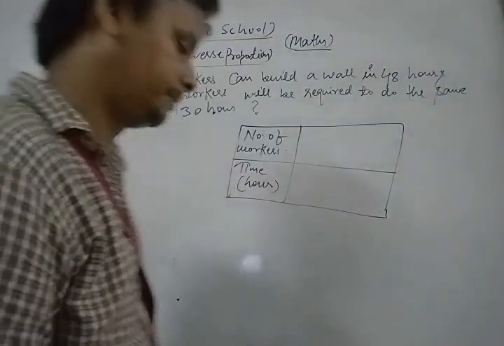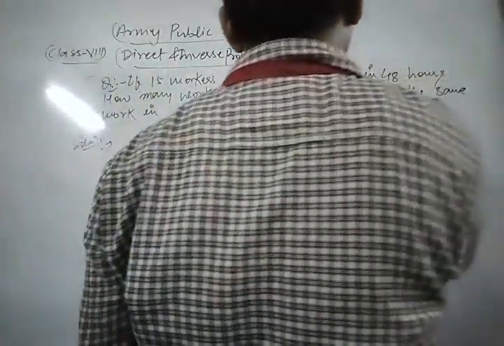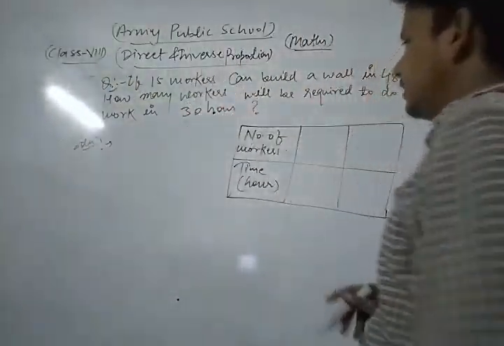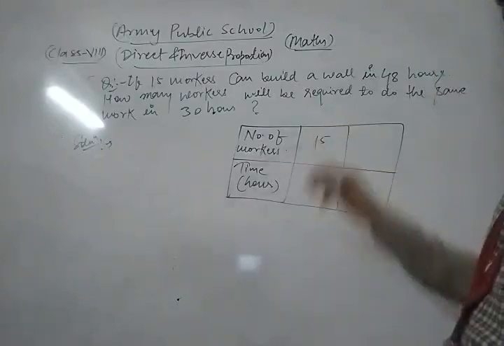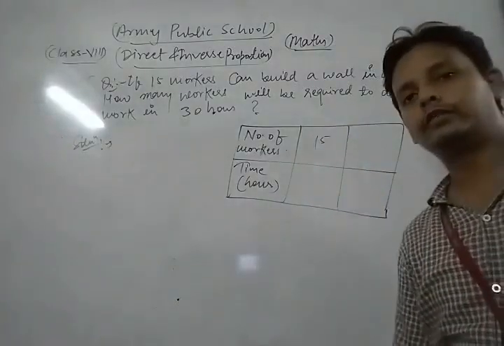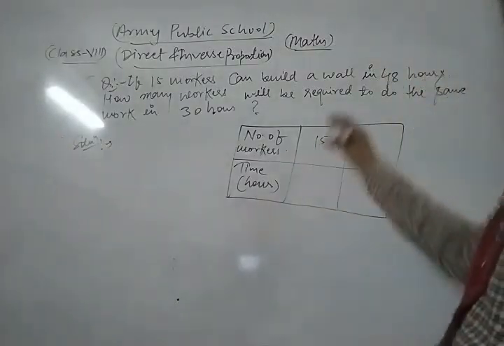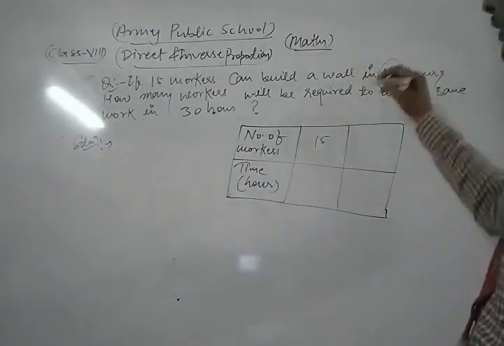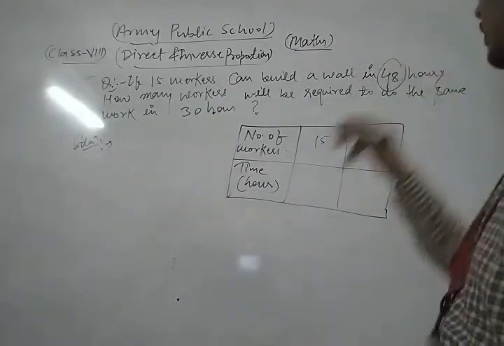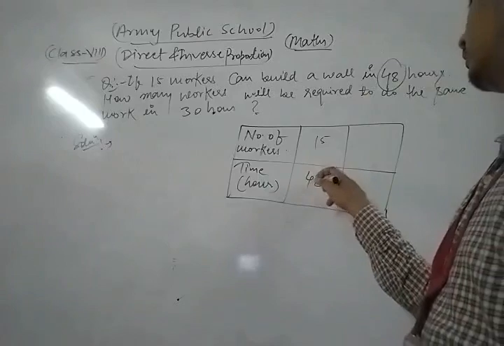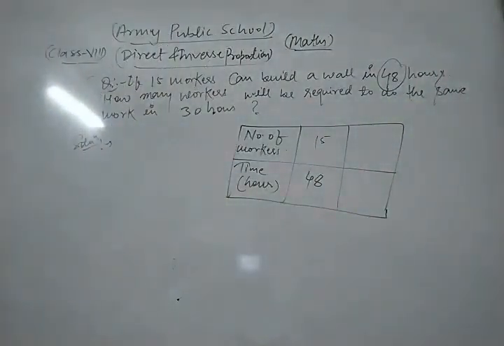Look, dear friends, if there are 15 workers, then the time taken to build this wall is 48 hours.